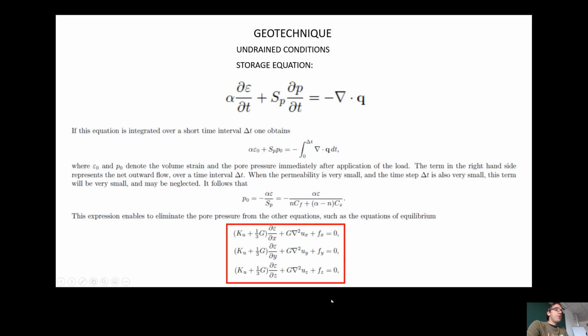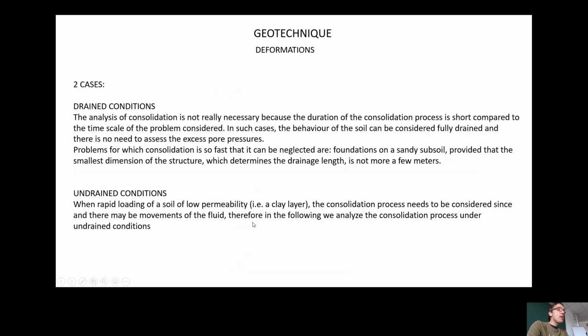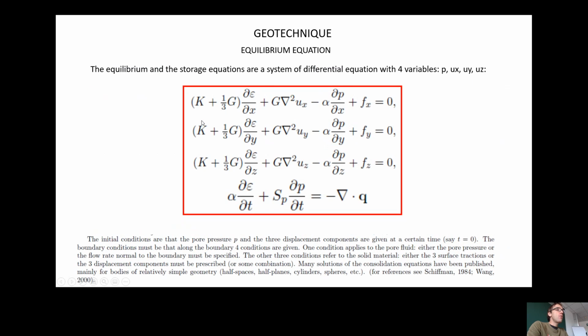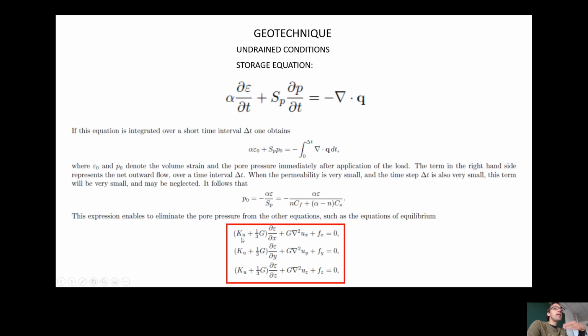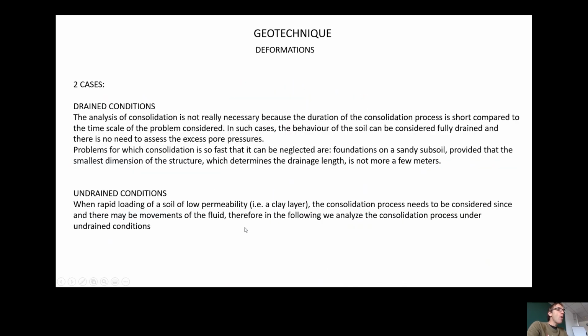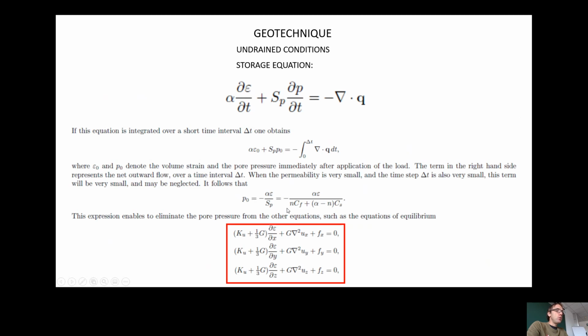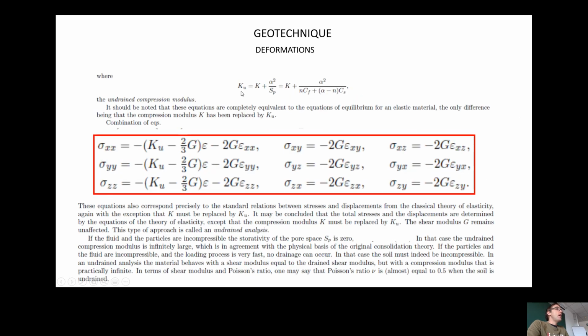And we can rewrite K, instead of K in general, as Ku, that means K under undrained conditions. Ku is K plus alpha squared ratio SP, and this is the undrained compression modulus.